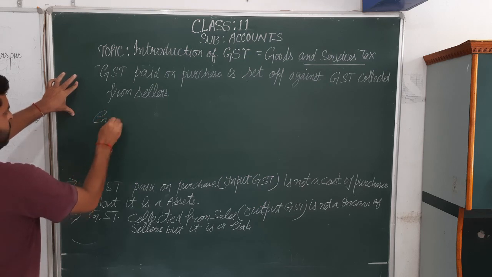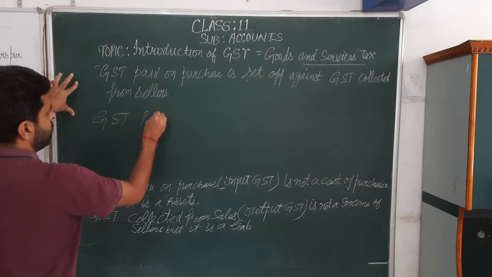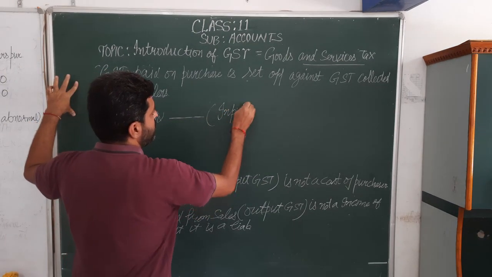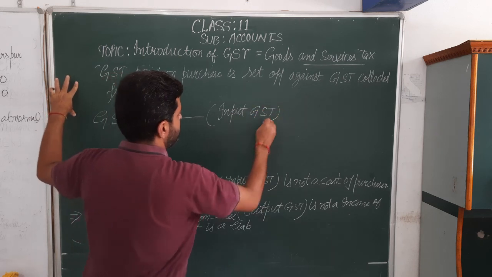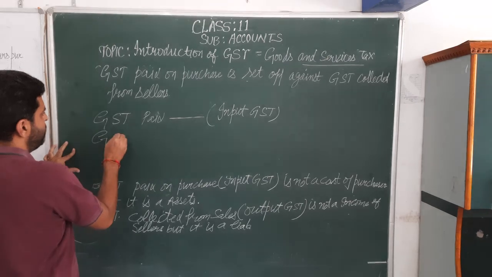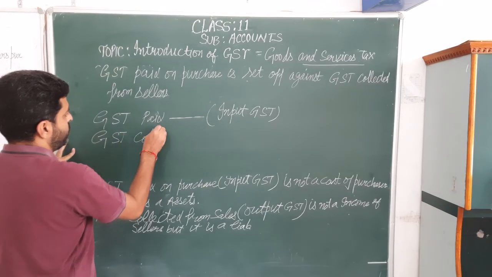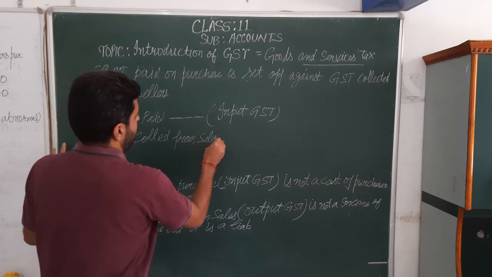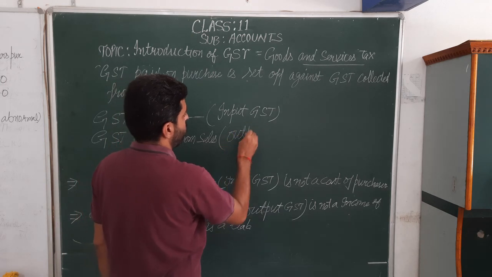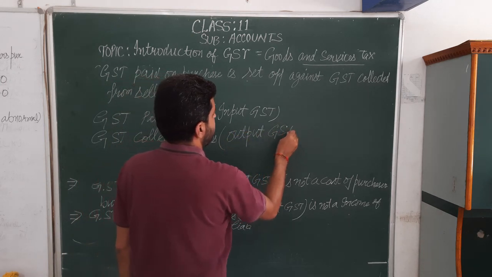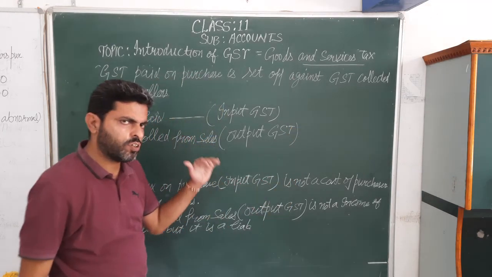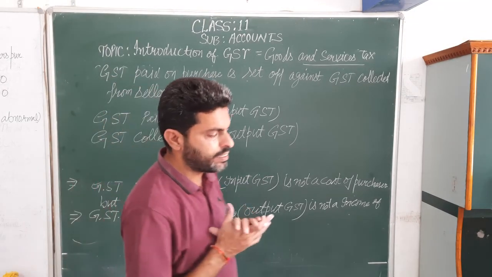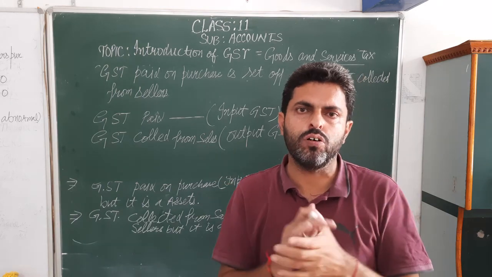GST paid is known as input GST, and GST collected from sales is known as output GST. This is set off, GST paid against GST collected, and at last the balance is deposited into the government account.